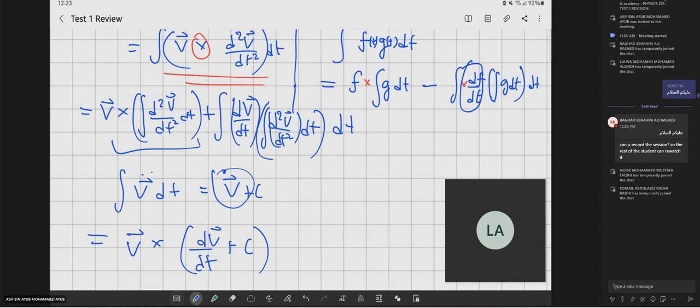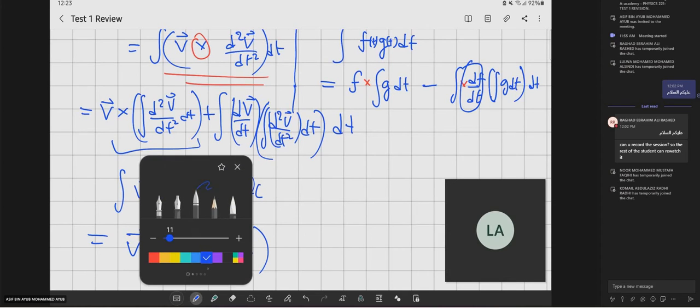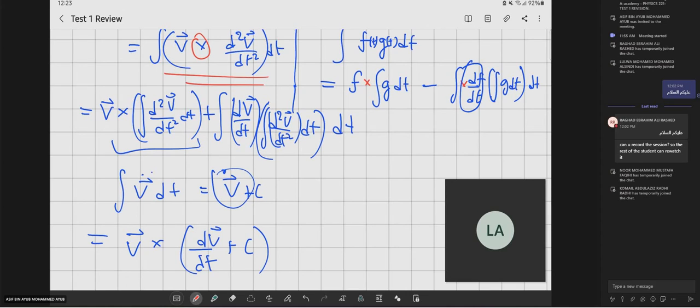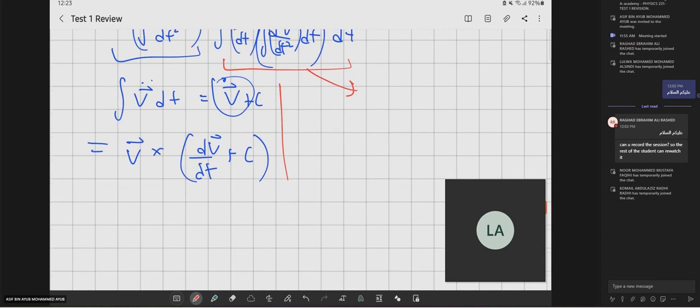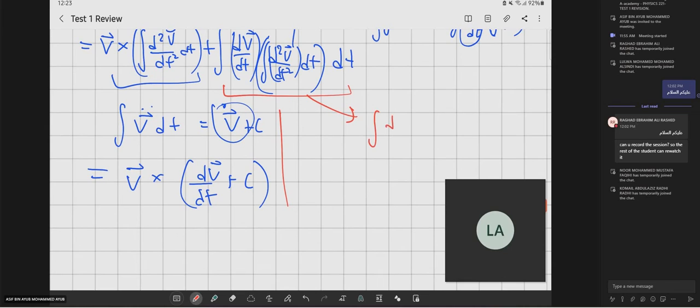Okay, now let's do the second part of the integral, which is this one right here. So I have the integral of d²v/dt² dt, and by the same fundamental theorem of calculus for vectors, I can just write it as dv/dt up to some constant.